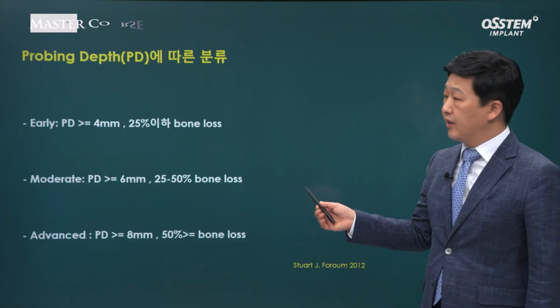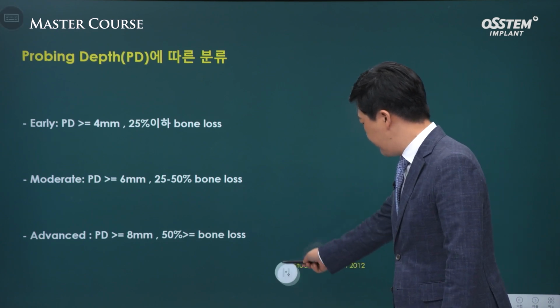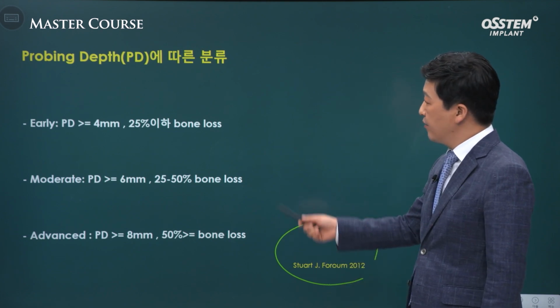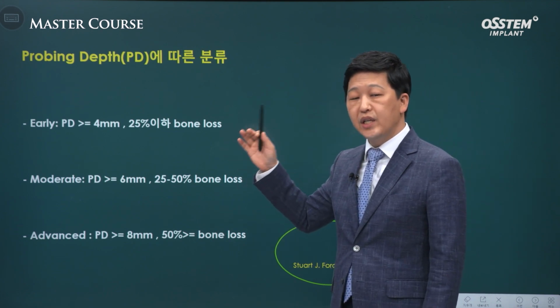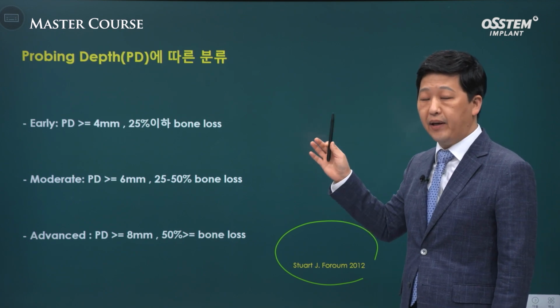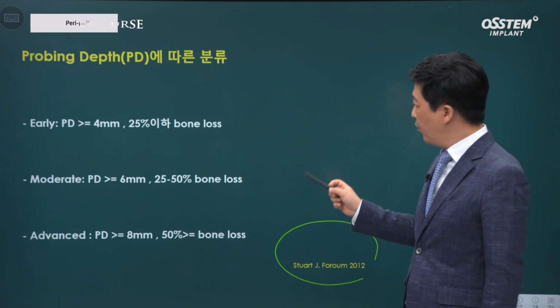Let's look at the classification of peri-implantitis following probing depths. In 2012, Froum and Rosen introduced this classification. If probing depth is over 4 millimeters and there's less than 25% of bone loss, it is classified as early peri-implantitis.